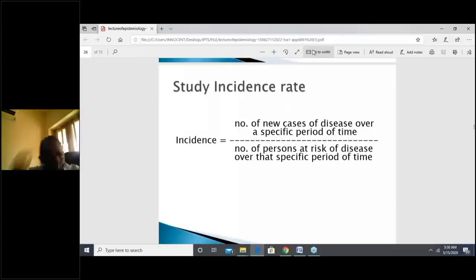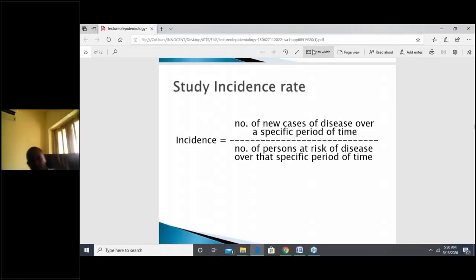Another term you also need to take note of is the incidence rate. When you look at the incidence, you're looking at the number of new cases of disease over a specific period of time, over the number of persons at risk of the disease over that period. So prevalence is the number of people having it over the total population.